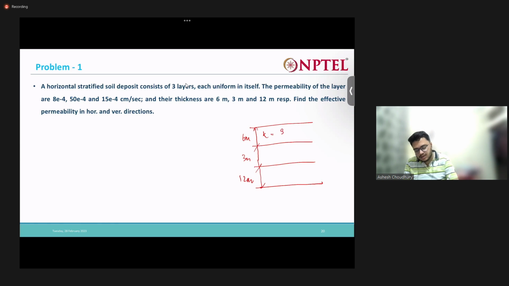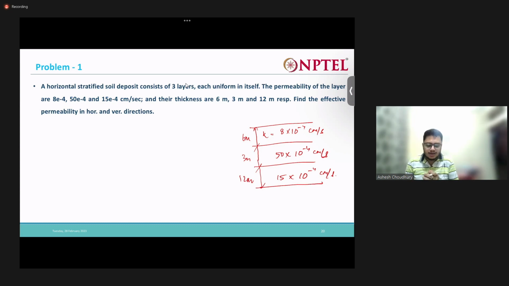For this one it is 80 into 10 to the power minus 4 cm per second. For this one it is 50 into 10 to the power minus 4 cm per second. And for this one it is 15 into 10 to the power minus 4 cm per second. So for each layer the coefficient of permeability is given.